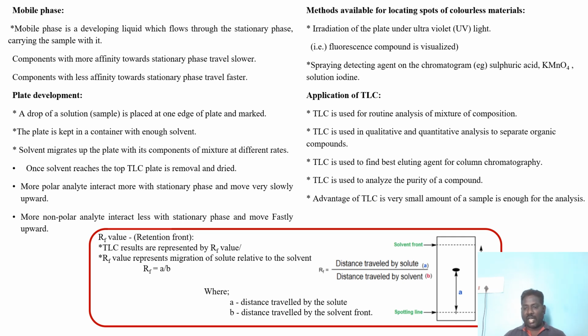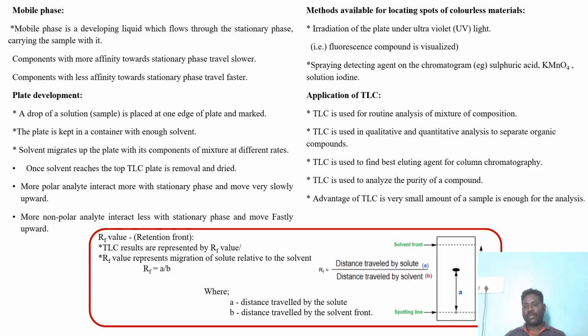If the attraction is more, the movement will be less. Therefore, the compound with more affinity towards the stationary phase will travel slower. The compound with less affinity towards the stationary phase travels faster.